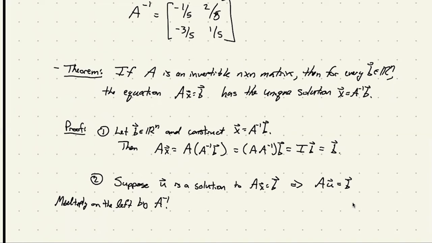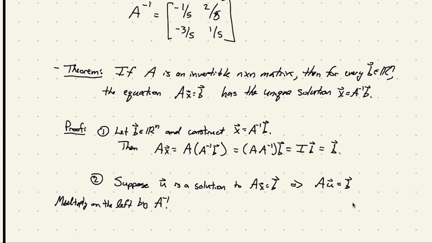We have to specify, when we're talking about computations involving matrices and multiplication, if I'm multiplying on the left-hand side or the right-hand side. If I'm multiplying on the right-hand side, A inverse times B doesn't make sense because the dimensions don't line up correctly. So in order for this to make sense in terms of the matrix vector computation, it has to be on the left.